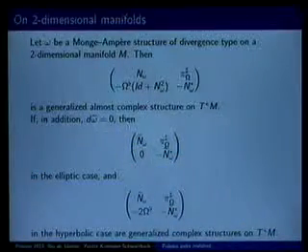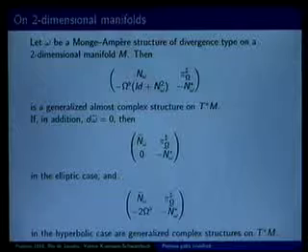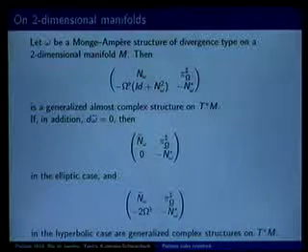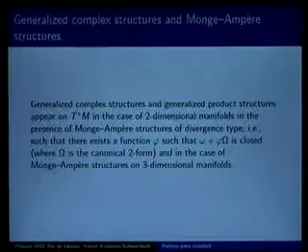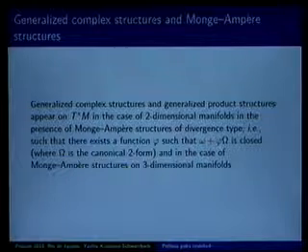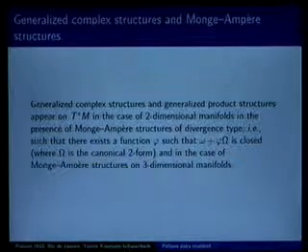So first of all, on two-dimensional manifolds, I have the expression of divergence type. So here on this previous transparency, I defined the condition that a Monge-Ampère structure be called of divergence type.